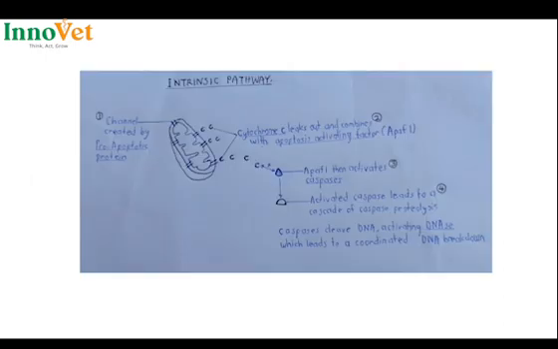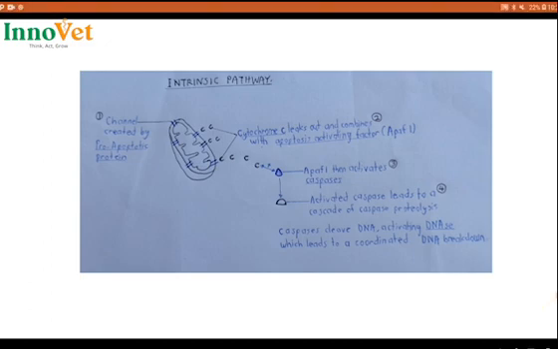So what happens when cytochrome C leaks into the cytosol? We can see here our cytochrome C leaking from the channels created by pro-apoptotic proteins.